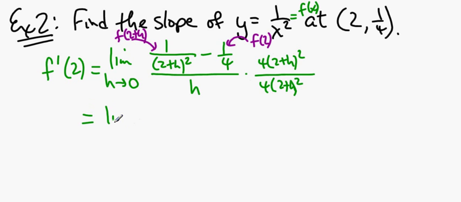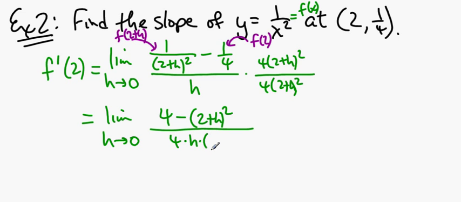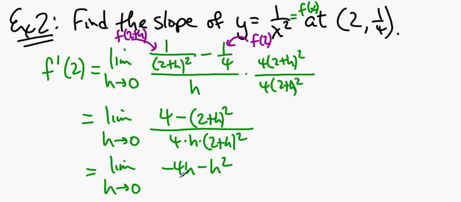And we say, okay, I've got the limit as h approaches 0 of (4 minus (2 plus h) squared) over (4 times h times (2 plus h) squared). And algebra again to the rescue here. I won't take you through the process of FOILing that out. That's (negative 4h minus h squared) over (4h times (2 plus h) squared).